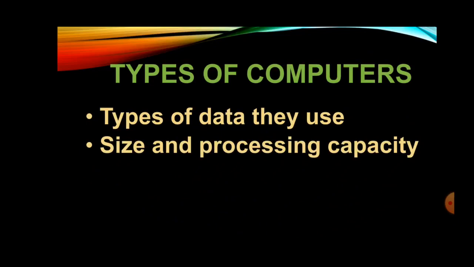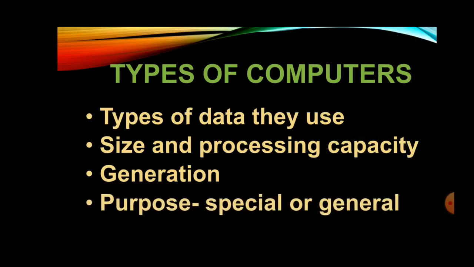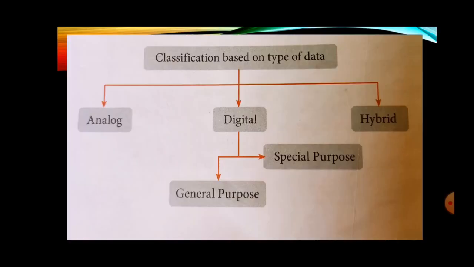The third point is generation, like first generation, second generation, third generation, fourth generation or fifth generation. After that, purpose. We are using computer for a special purpose or for general purpose. So let's discuss all the topics in proper way.